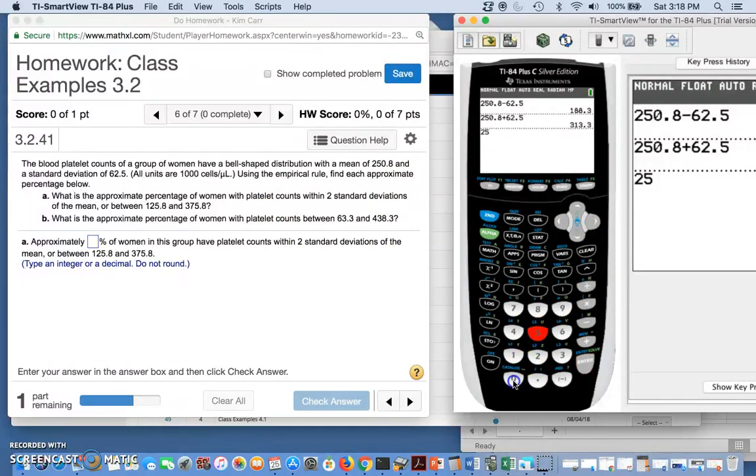So 250.8 minus 2 times 62.5, and then 250.8, I put the wrong number in, plus two standard deviations.